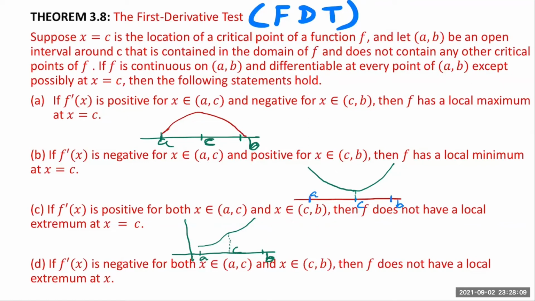The fourth case is very similar to this case. If f prime of x is negative for both x between a and c and x between c and b, then f does not have a local extreme. A graph like this would be appropriate for that case. We have a and b.